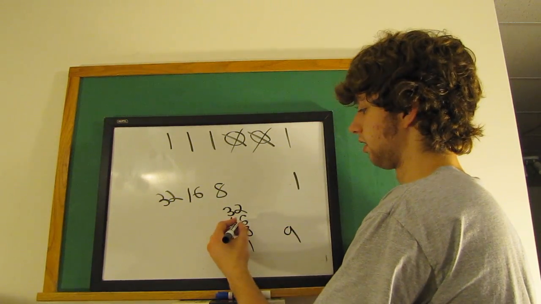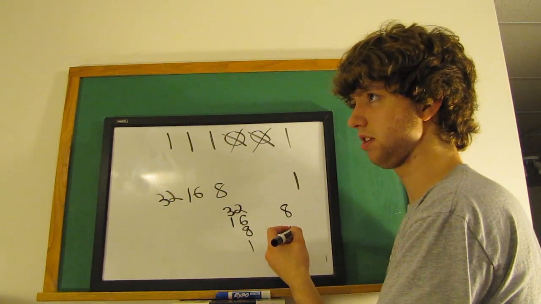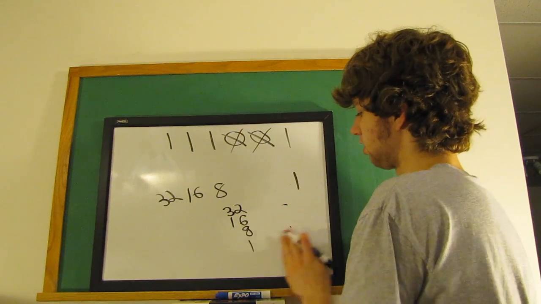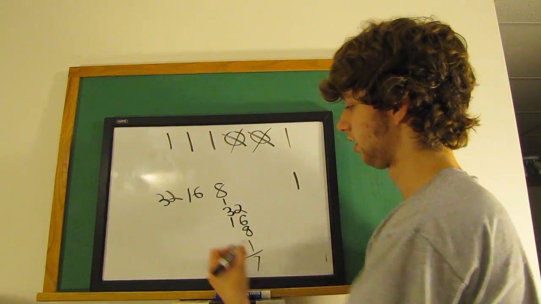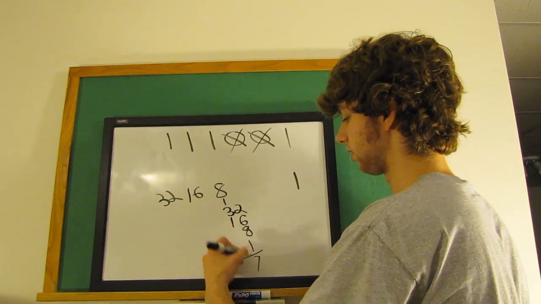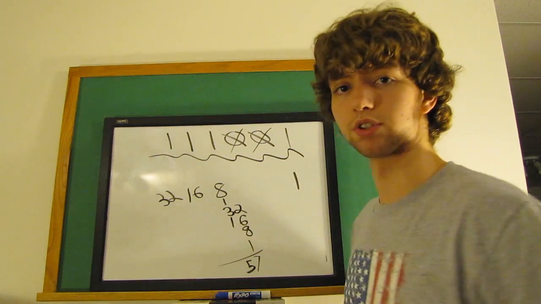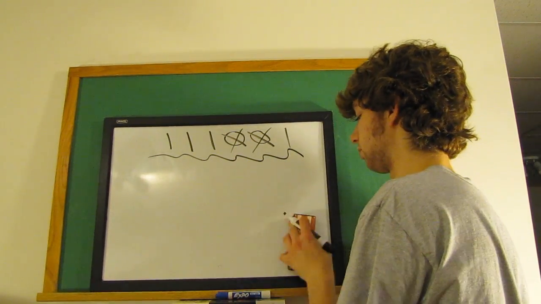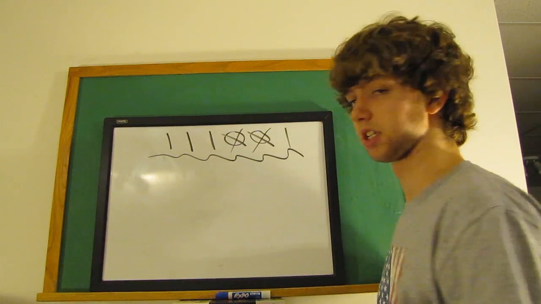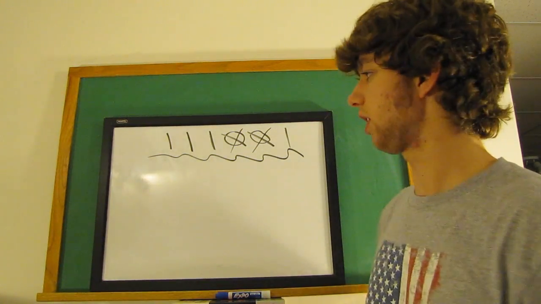We have 9, then 6 plus 2, that's 8. 9 plus 8 is 17, so we get 17. 1 plus 3 is 4, plus 1 is 5, so 57. So this is the binary representation of 57. That is how we can work with exponent scientific notation. Alright, sweet.